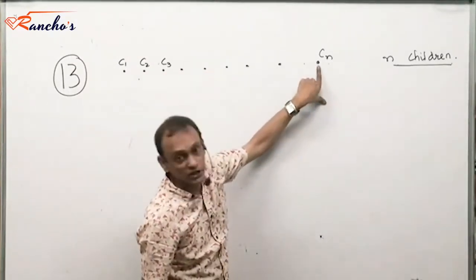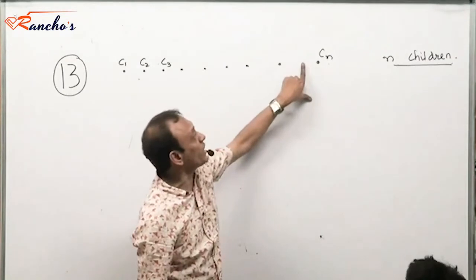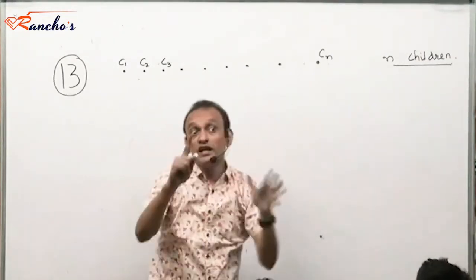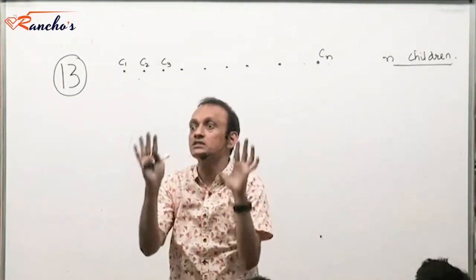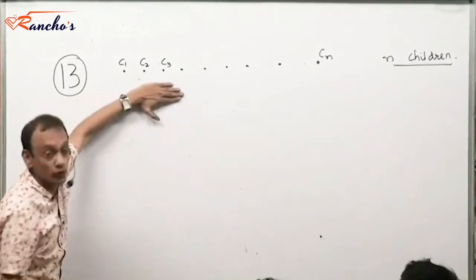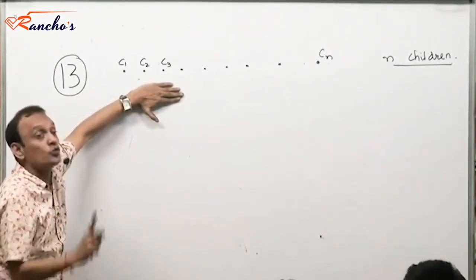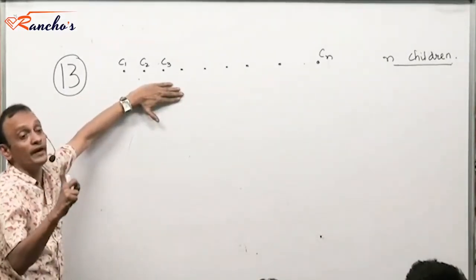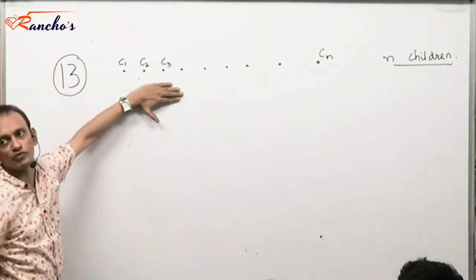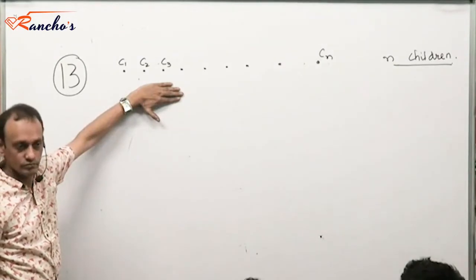Cn, in addition to being here, could only be in the place where Cn minus 1 was. So any other arrangement would be acceptable where, referred to the original arrangement, no child is displaced by more than one unit from his original state. Right?